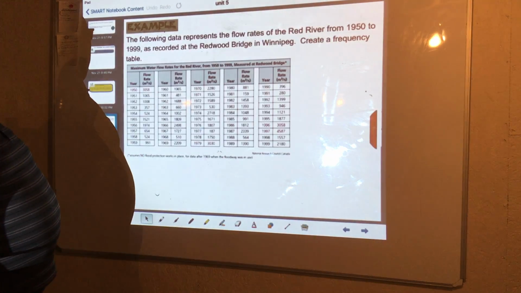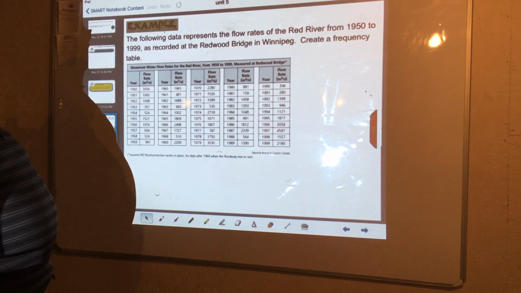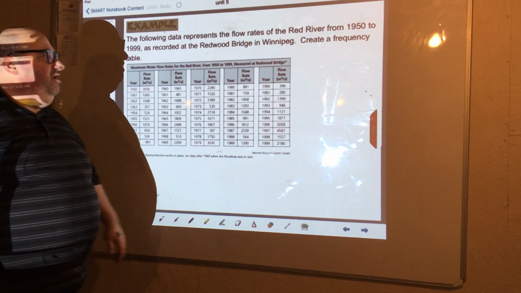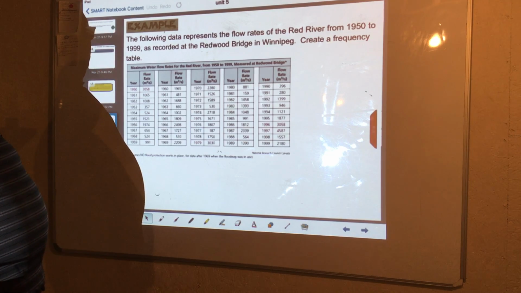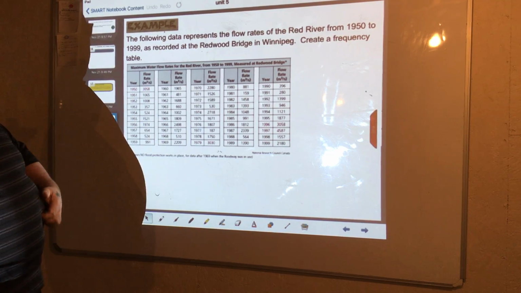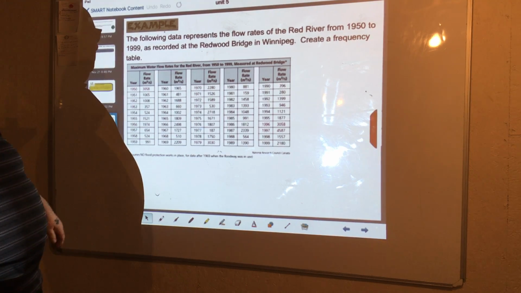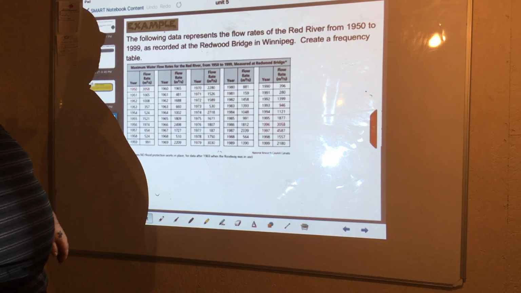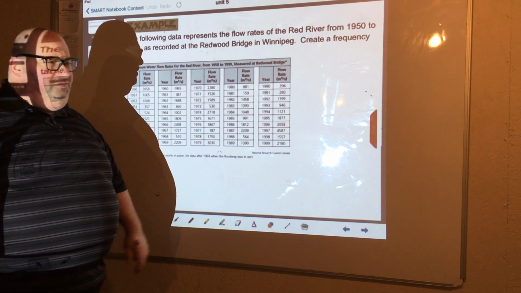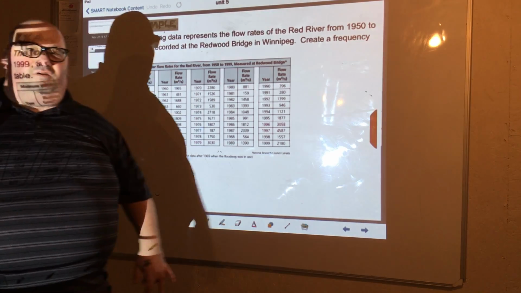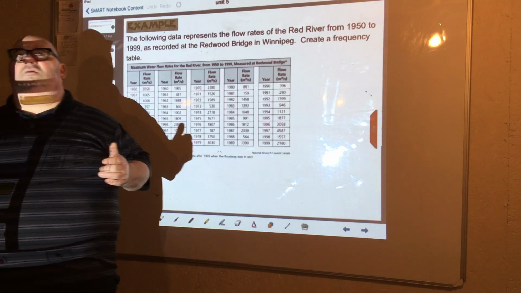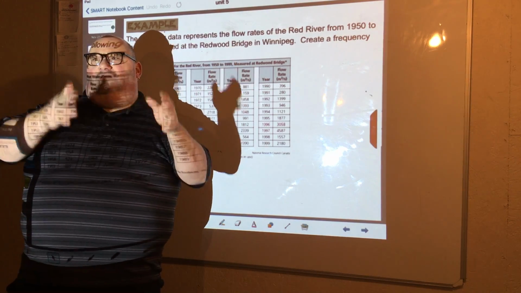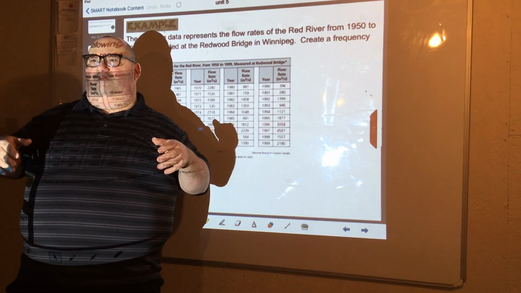Let's go to the next slide here. Okay, so here is some data about the flow rates of the Red River from 1950 to 1999. As you can see, there is a lot of data there. So we are going to create a frequency table. What I want to set up is how many sets of information do I want to have?